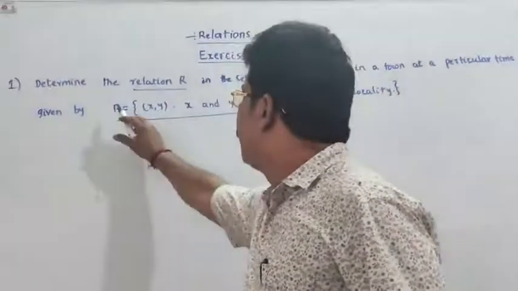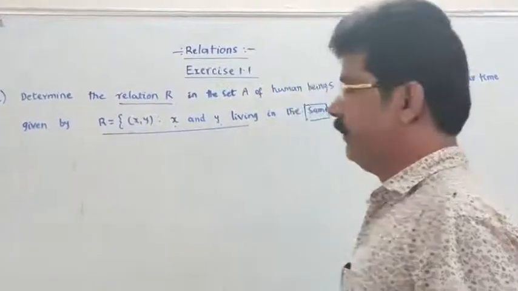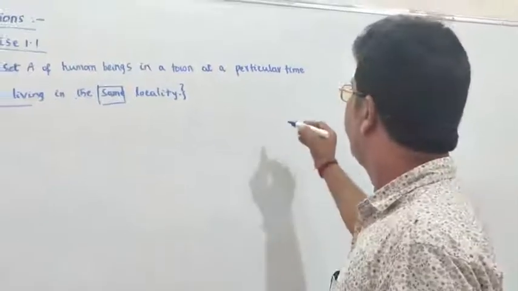Next question. Capital R is defined as x and y living in the same locality. Remember, one shortcut is there.